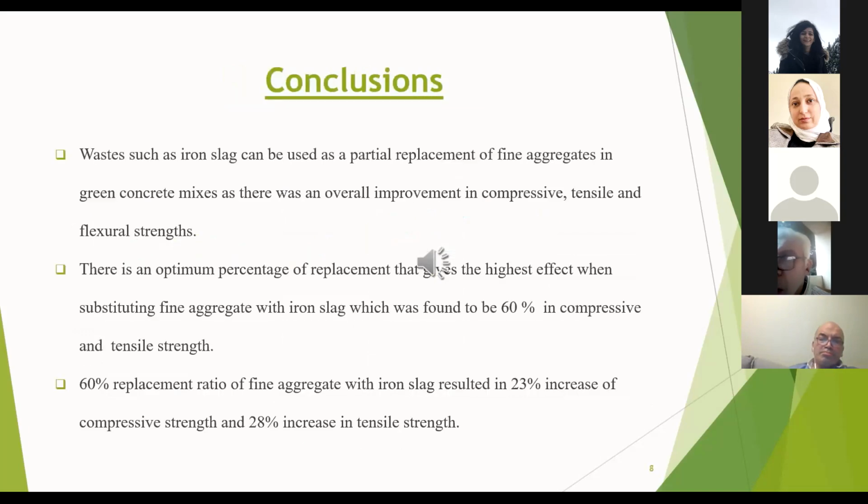Finally, the conclusions. The first conclusion is that waste such as iron slag can be used as partial replacement of fine aggregates in green concrete mixes, as there was an overall improvement in compressive, tensile and flexural strength.